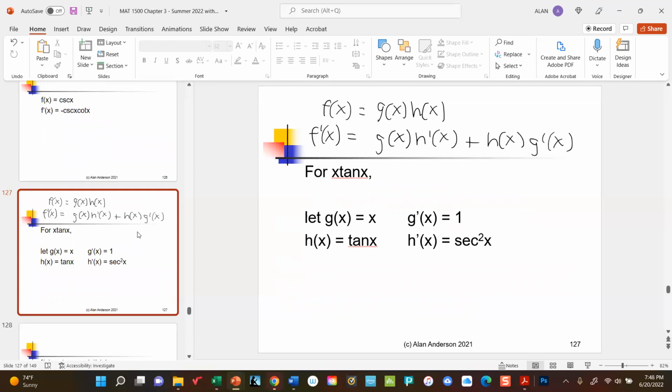So we're going to treat x as the g of x, and therefore its derivative is simply 1. H of x is the tangent, and as we saw a few minutes ago in the chart, the derivative of the tangent is the secant squared x, and of course we proved it as well. So now we plug these in.